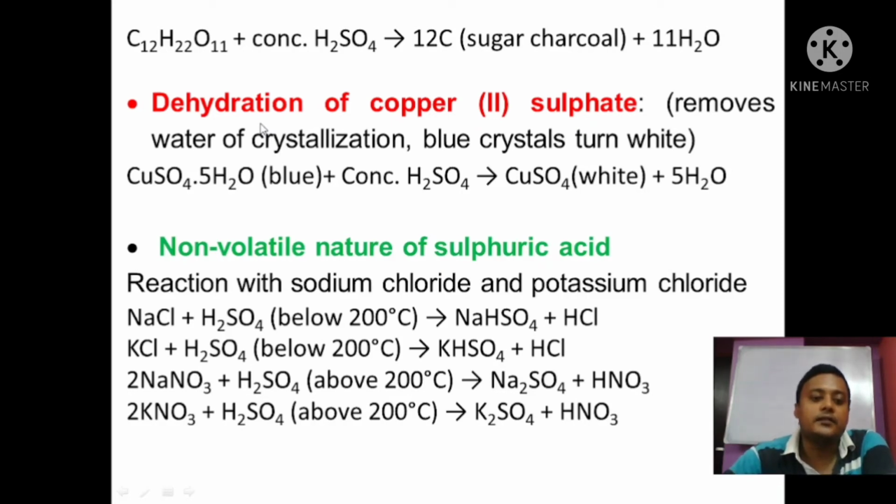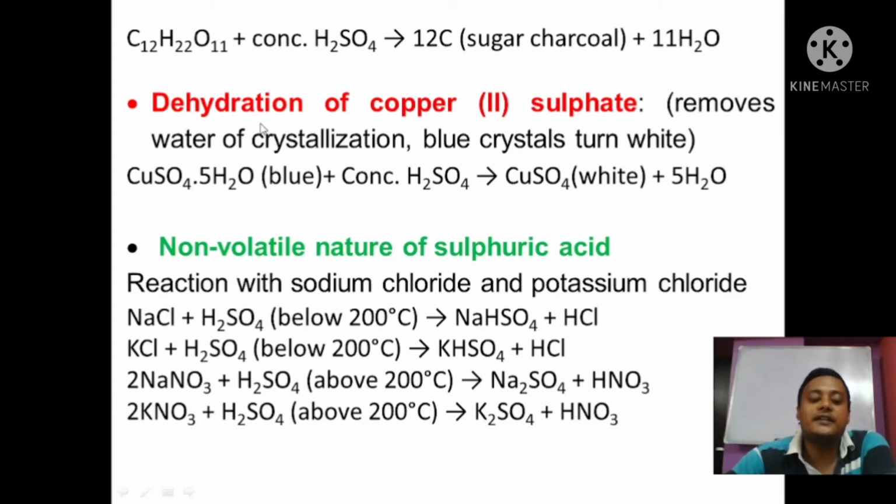Next, the non-volatile nature of sulfuric acid. That means it reacts with the salt of chlorine to form hydrochloric acid. It also reacts with the salt of nitrate to form nitric acid. Now in this case, remember one thing, that temperature is very important.